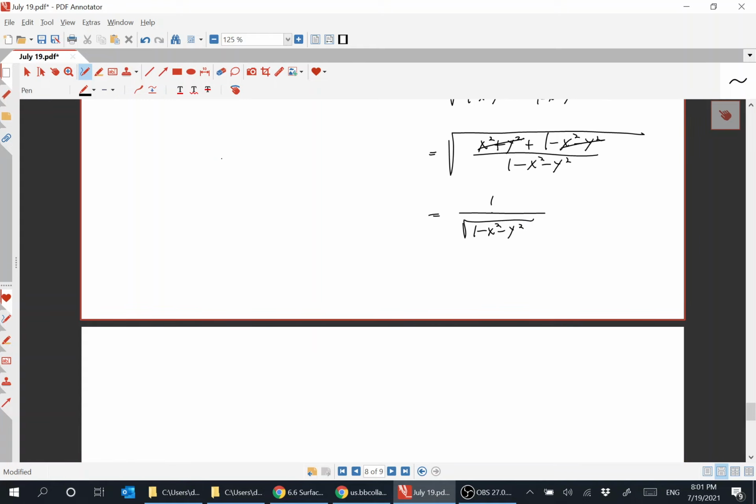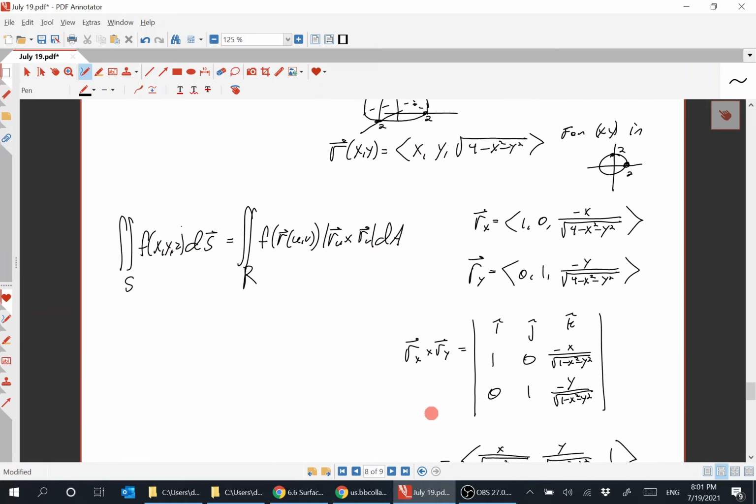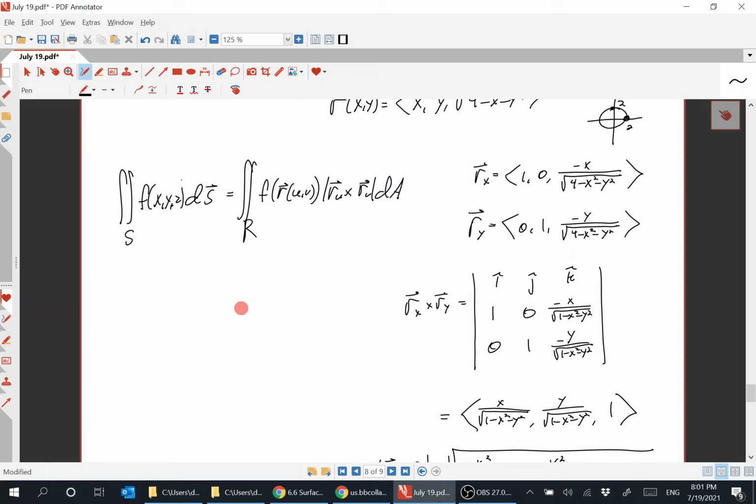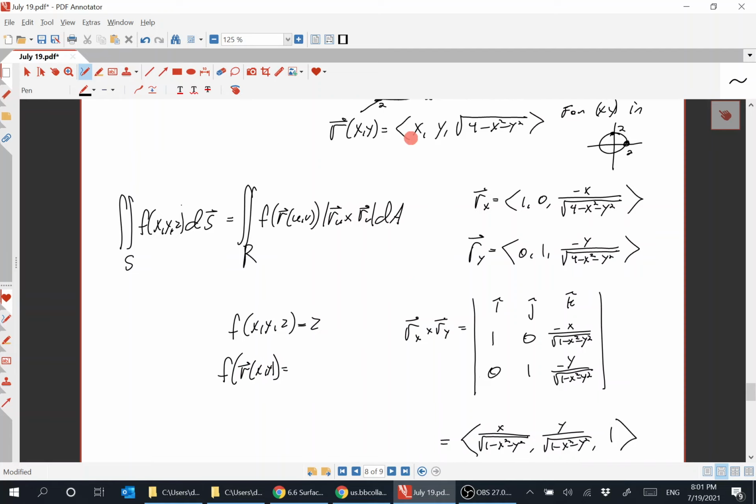So the surface integral, oh, and where's f? F of x, y, z is just z. So f of r of x, y, so x is x, y is y, and z is this.